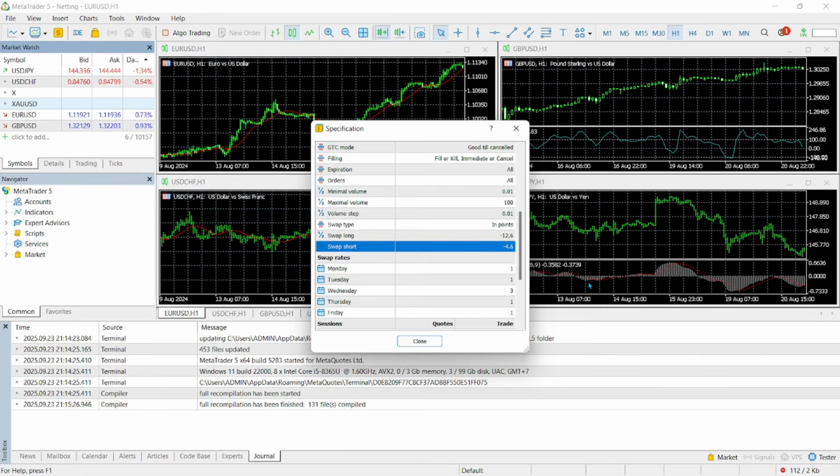Using the same formula for a 1 lot gold trade, for a buy order, 1 lot times minus 12.6 times 0.1 equals minus 1.26 USD. So, holding a buy order for gold overnight will incur a fee of 1 US dollar and 26 cents. For a sell order, 1 lot times 4.6 times 0.1 equals 0.46 USD. Holding a sell order for gold overnight will earn you 46 US cents.